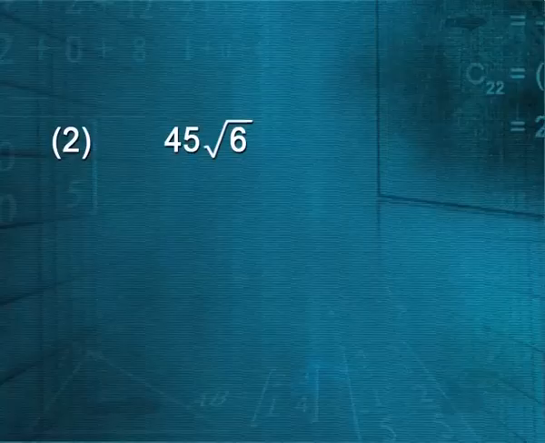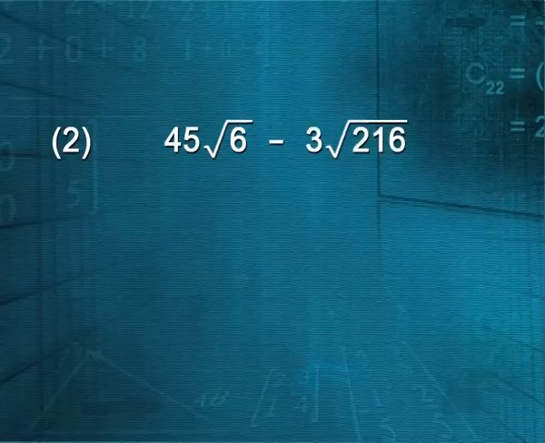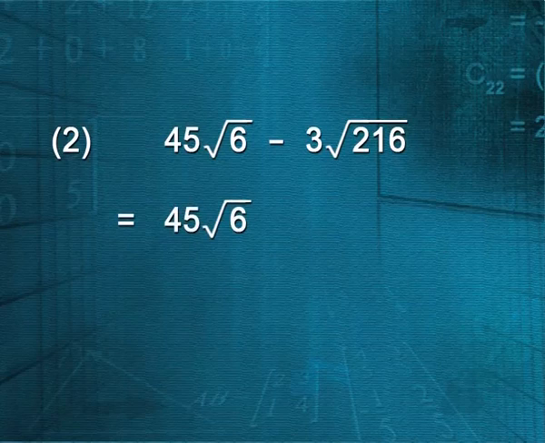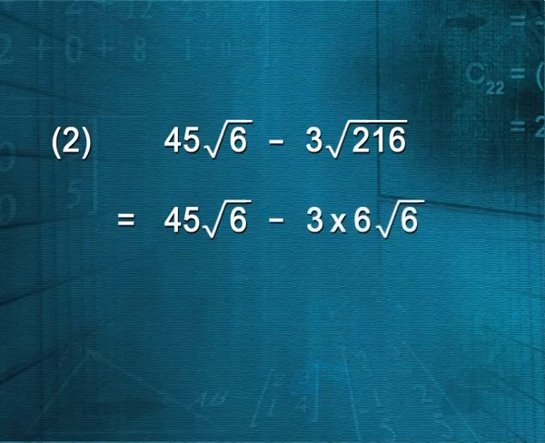Let us see the subtraction or the difference of surds. The example is 45 root 6 minus 3 root 216. Again, 45 root 6 will be written as it is, and root 216 can be written as 6 into 6 into 6.